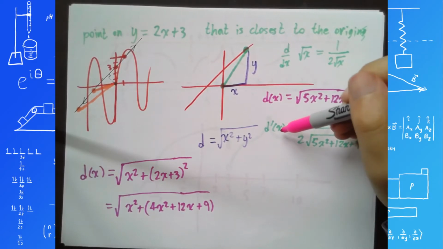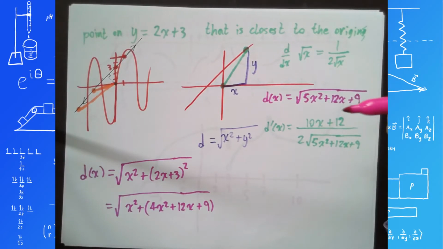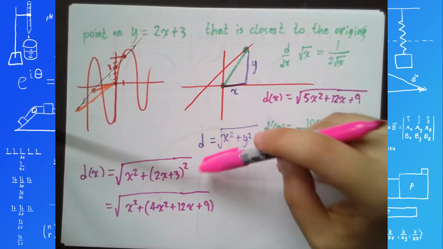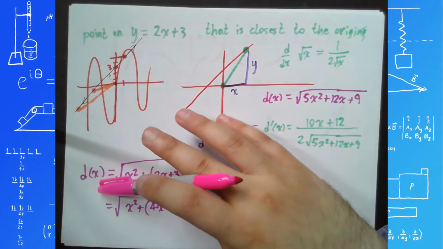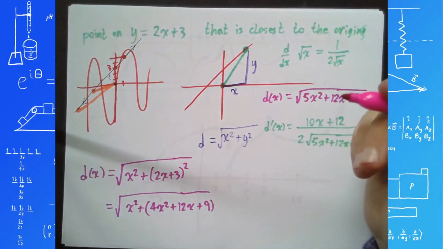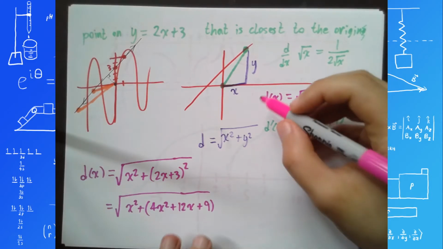So that's d prime of x, and we want to maximize or minimize d of x. So d of x is going to have a maximum or minimum wherever its first derivative is 0 or undefined. We've been through this.